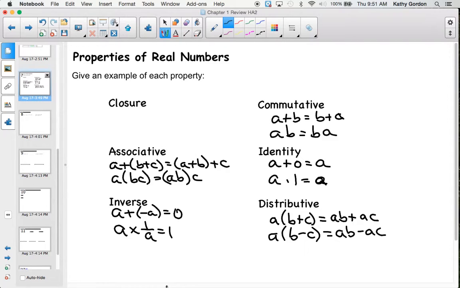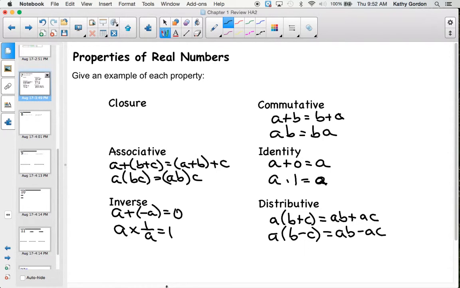So integers would have closure in addition and in multiplication, because if I add two integers together, I only get an integer. If I multiply two integers together, I can only get an integer. Okay? Real numbers have closure, because if I add two real numbers together, I only get some kind of real number. If I multiply two real numbers together, I only get some kind of real number. Okay?